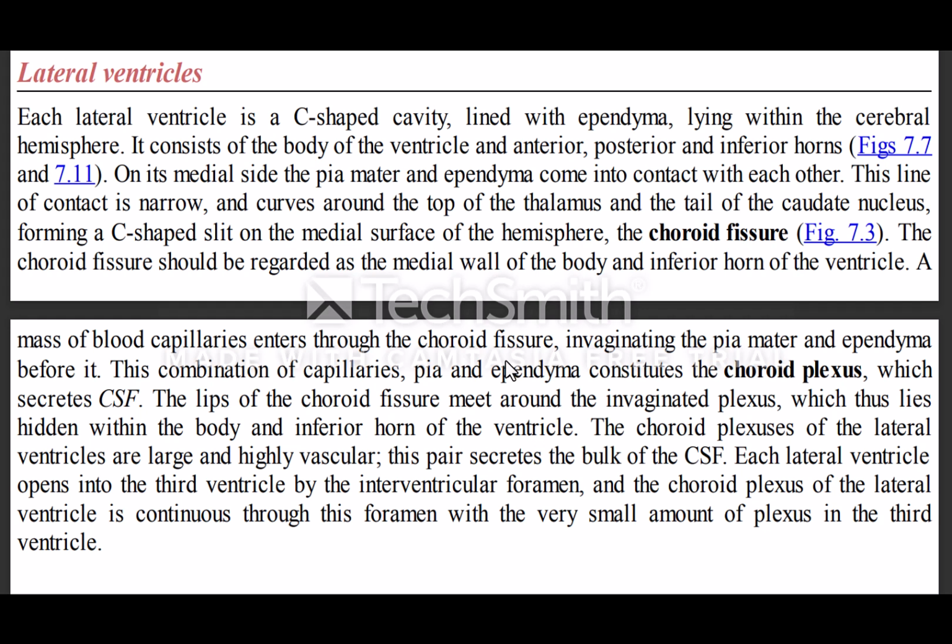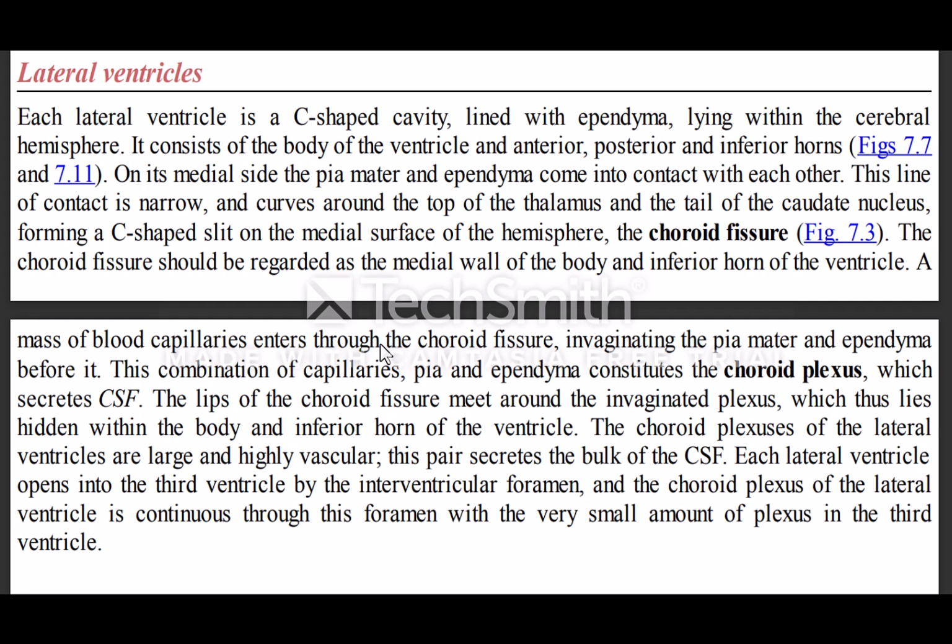So just a brief extract from Last's Anatomy by Chummy Sinnatamby. I wouldn't read everything, but each lateral ventricle is a C-shaped cavity, as we saw, extending right from the front to as posteriorly as the occipital lobe.